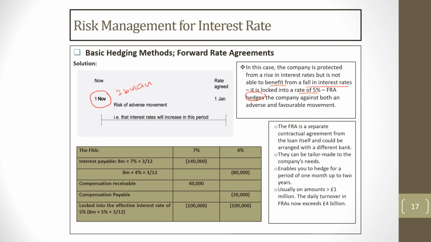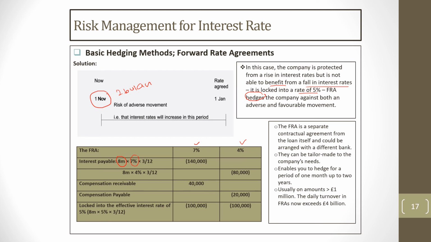Okay, so let's look at the situation for 7% and 4%. The interest payable that has to be paid is the 8 million, the amount, times the 7%, the new interest rate, and you times with 3/12. Because 3/12, if you read your question, it states that there are 3 months left.